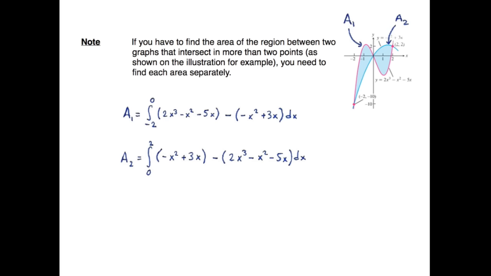For the second area, I just simply flipped the blue and the purple. Now it's blue minus purple, or blue minus pink. And this time, for that area A2, we have to integrate from 0 to 2. And therefore the area between the two curves is simply A1 plus A2. I didn't find the exact values, it doesn't really matter, it's just an example.